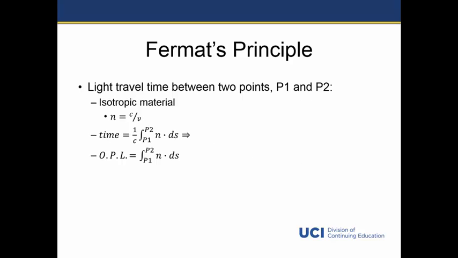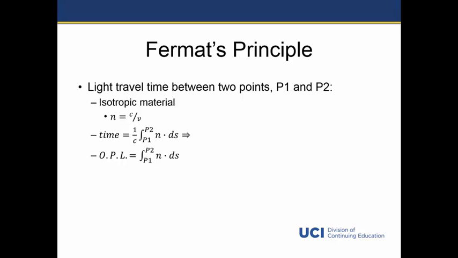So let's look at it in a mathematical form. We have some light that propagates from some point P1 to P2. Let's assume we have some isotropic material. We define our materials as having an index of refraction, and let's assume for our purposes now that the index of refraction is simply the ratio of the speed of light in vacuum to the speed of light in a particular material.